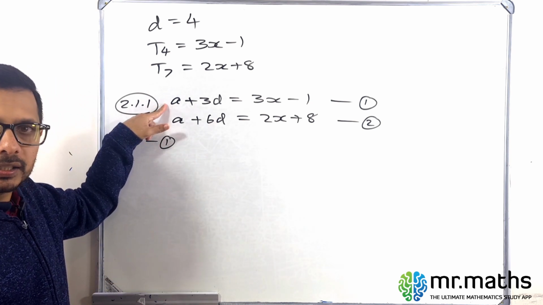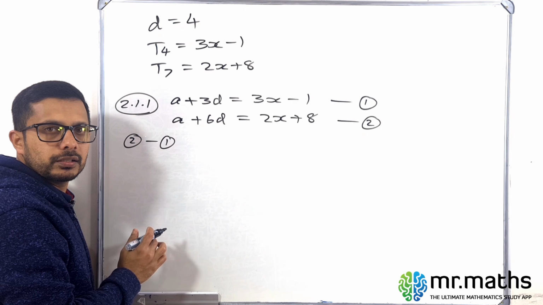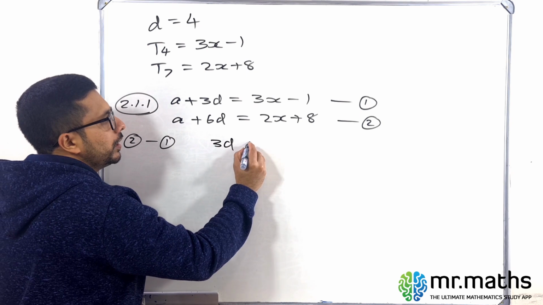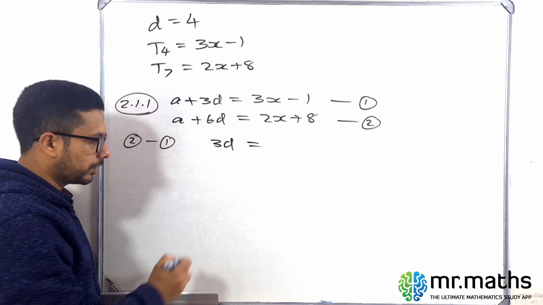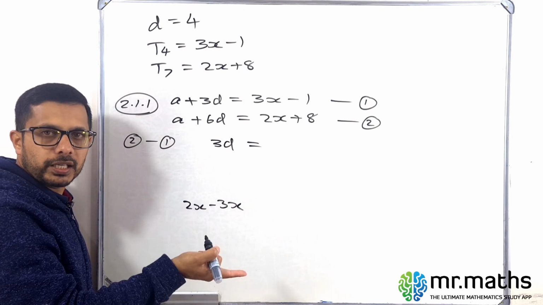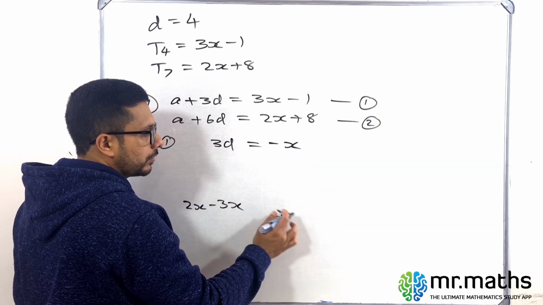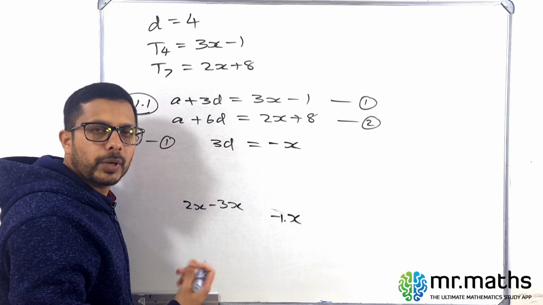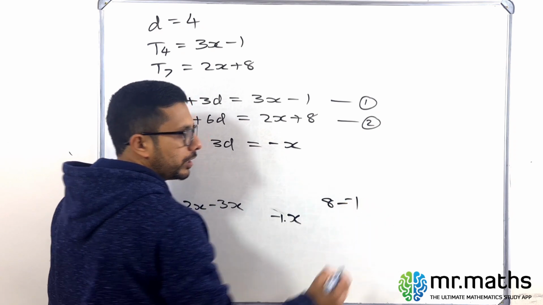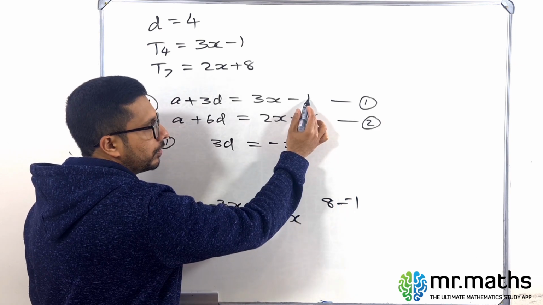So a minus a is 0, so that one is gone. 6d minus 3d is 3d, is equal to 2x minus 3x, which is minus x. Then 8 minus minus 1, be careful there: this minus is from equation number 1.